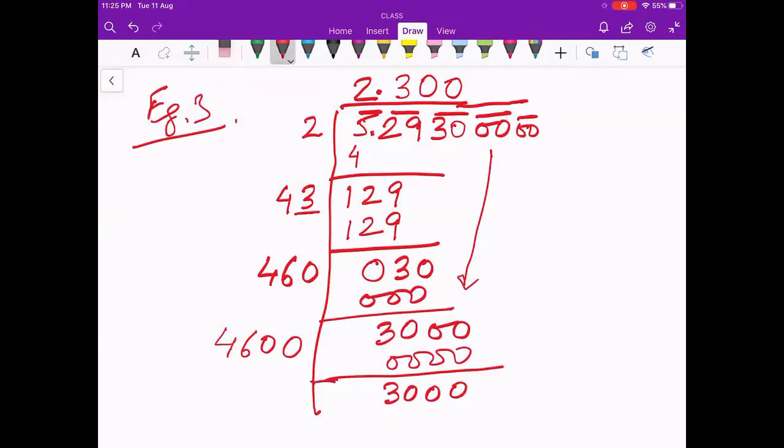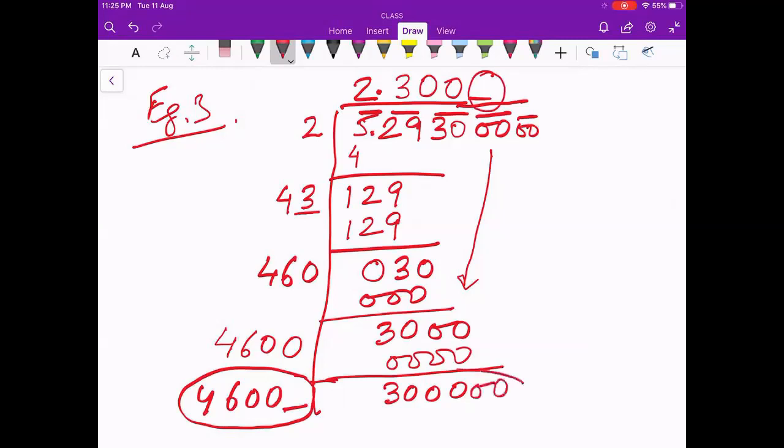Now here again we will take double of 2300. That will be 4600. Now we have to choose one number here, and that number will also come here. And when we multiply this whole number with this number, our answer will be just less than this number.